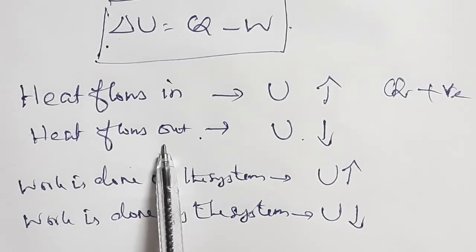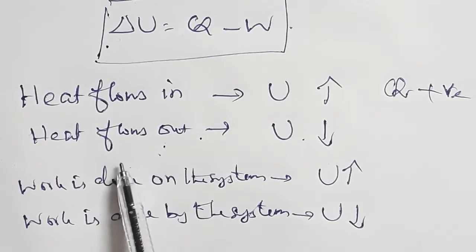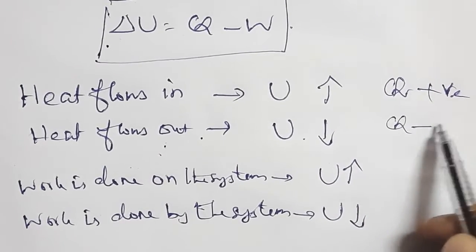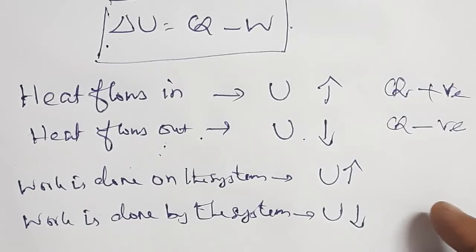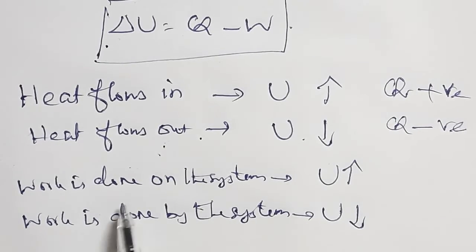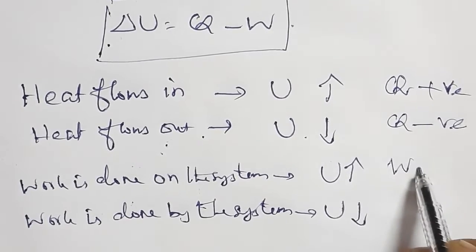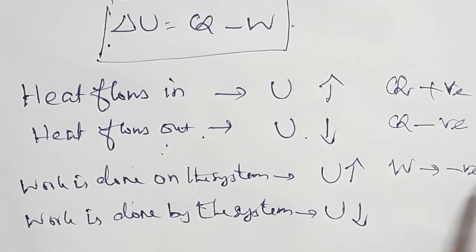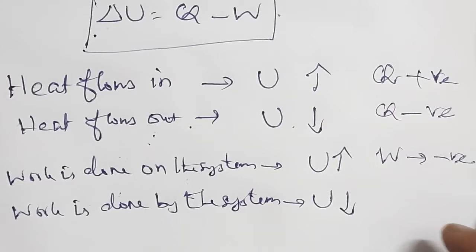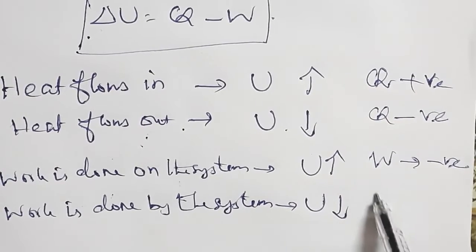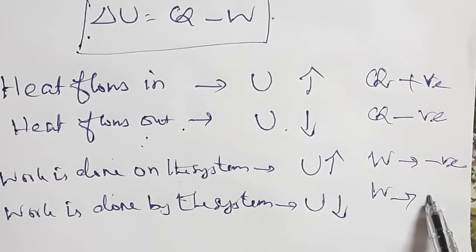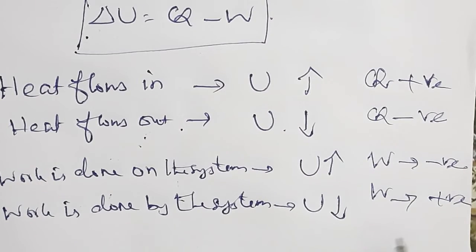Heat flows out of the system means the system loses heat, so Q will be negative. Similarly, work done on the system means W is negative, and work done by the system means W is positive. So these are the sign conventions.